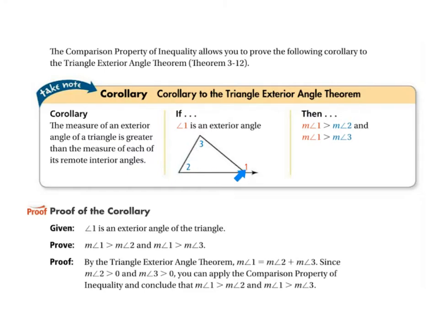So we know that angle 2 is smaller than angle 1, and angle 3 is smaller than angle 1, so that when they add together, they become the measure of angle 1. This is a proof of that, but that's just the general idea. If this is equal to the sum of these two, then each one of them individually has to be smaller. And I think that intuitively makes sense to you. So we're going to apply this.